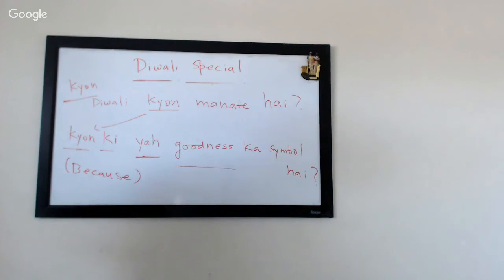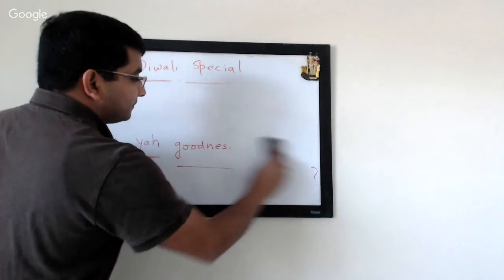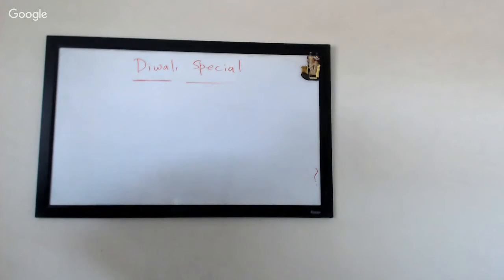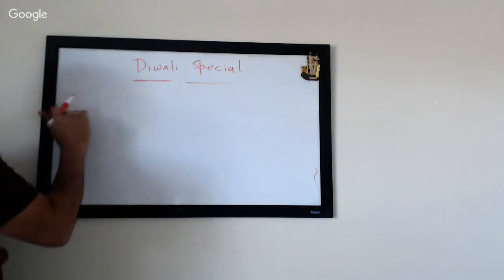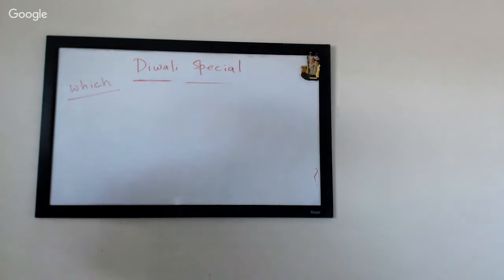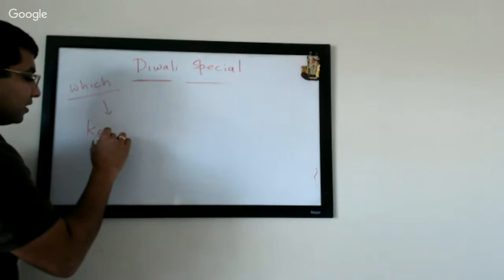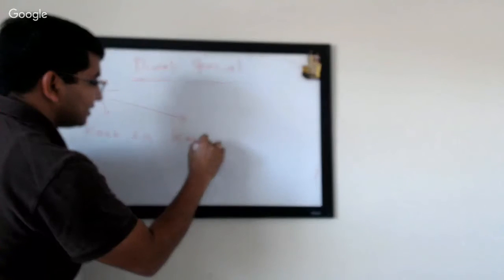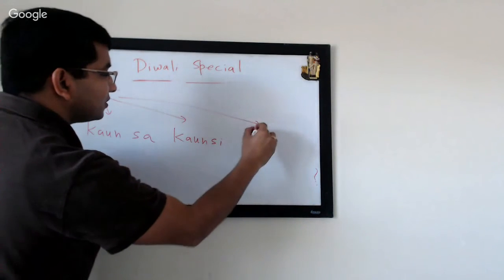Okay. I'll just cover one more topic, to make sure that people don't miss out. How are we doing with time? We still have 10 minutes. The last one we have is which. For this interrogative, you have three ways: you have कौन सा, you have कौन सी, and you have कौन से.